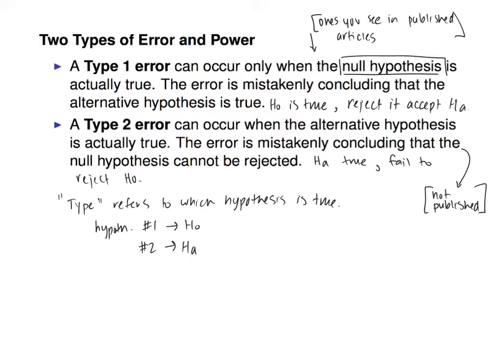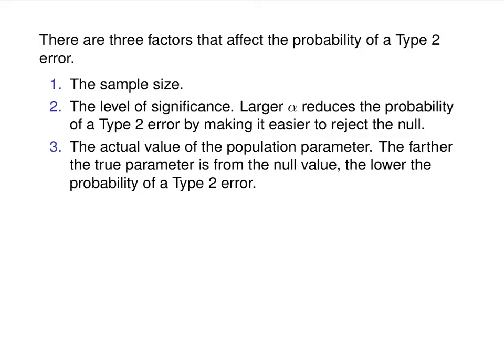Thanks. Okay, so let's talk about what that error would look like in a specific case. And I'm sorry for the fact that it's politics because I'm also really tired of this. So there are 3 factors that affect the probability of making a type 2 error, as in throwing your stuff in the trash. This is where you would trash your research. The first thing is the sample size.